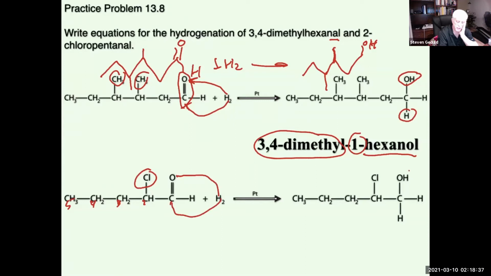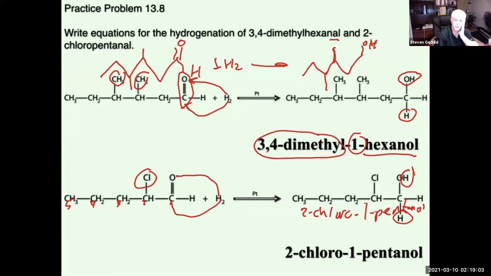So now we've got a primary alcohol. This primary alcohol is 2-chloro, because there's a chlorine group at number 2. How many carbons do we have? 5, so pentanol, with the -ol ending. 2-chloro-1-pentanol.